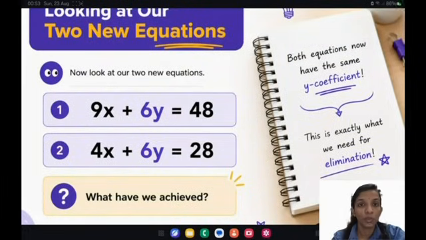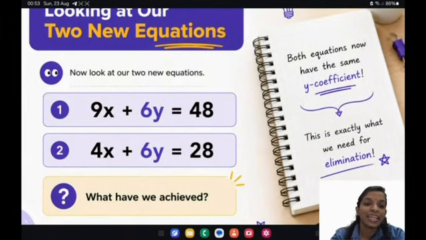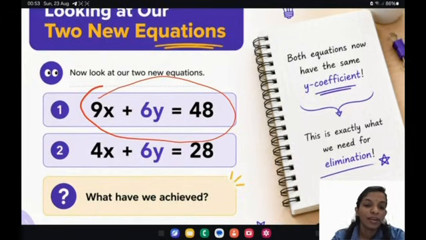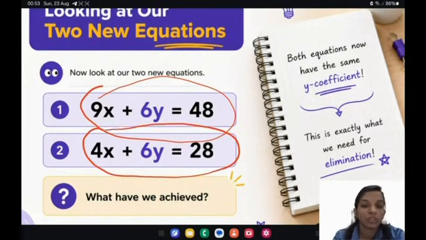Okay, now look at our two new equations. 9x plus 6y equals 48. 4x plus 6y equals 28. So, from this, what do we achieve? Yes, the coefficients of y are the same.